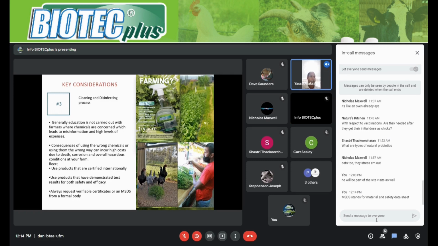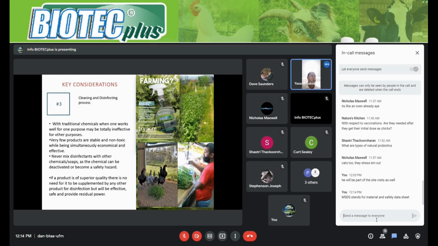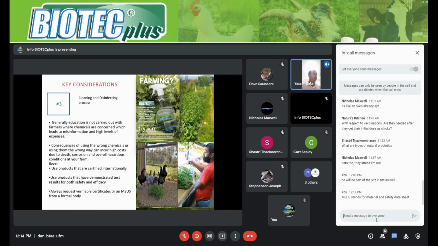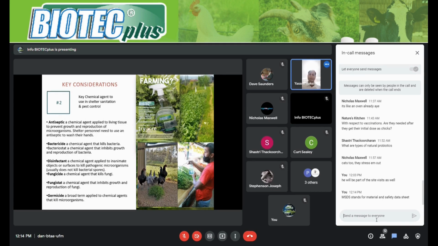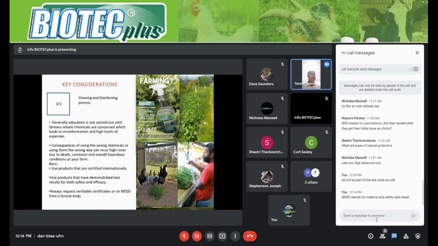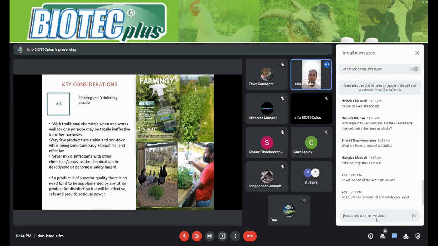So we're going to go on to the following slide, still under cleaning and disinfecting. With traditional chemicals, when one works well for one purpose, it may be totally ineffective for another. And again, that brings back the point I just made, when I was discussing, I think it was two slides before. I said there are products out there that can do some things, but they can't do other things.